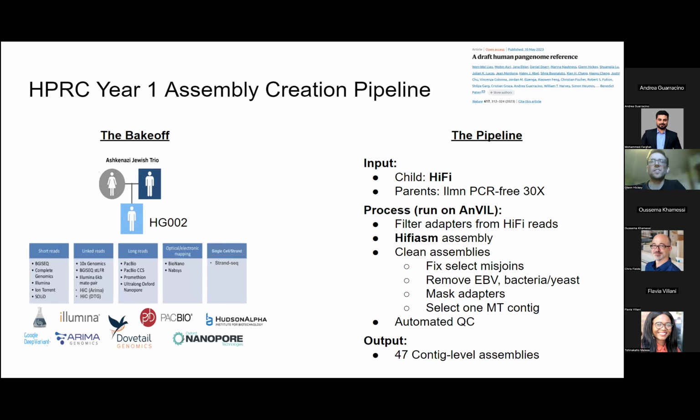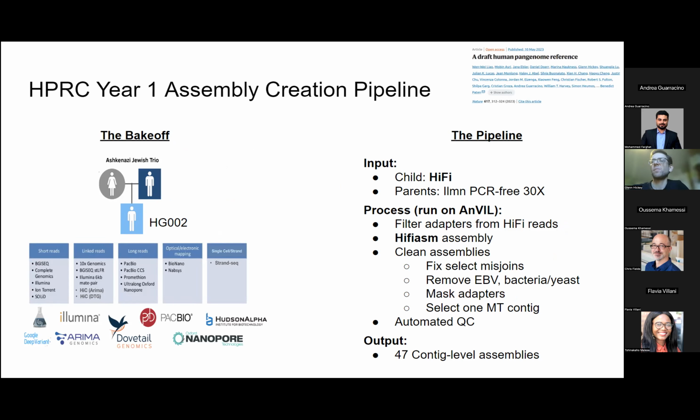So this slide is kind of ancient history now, but the big human draft pangenome paper came out this year with what we call these year one assemblies. They were made from 1,000 genome samples, using HiFi reads from PacBio, I think about 30x.